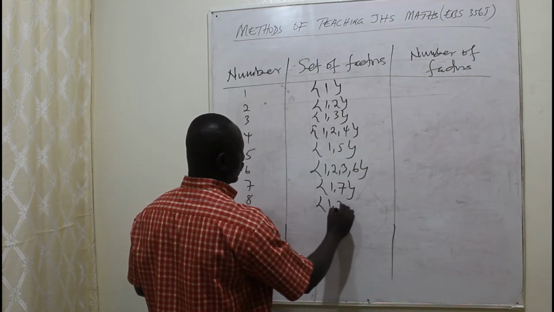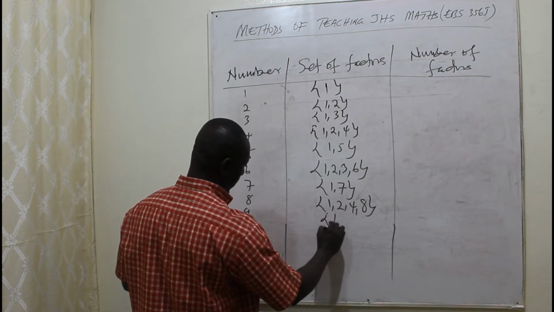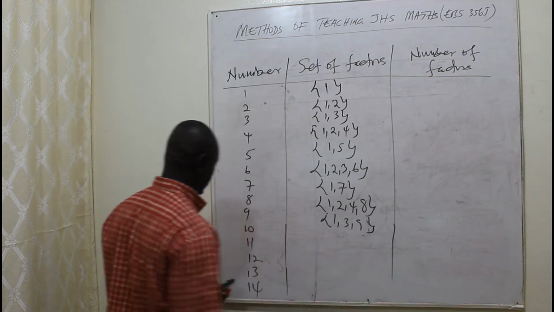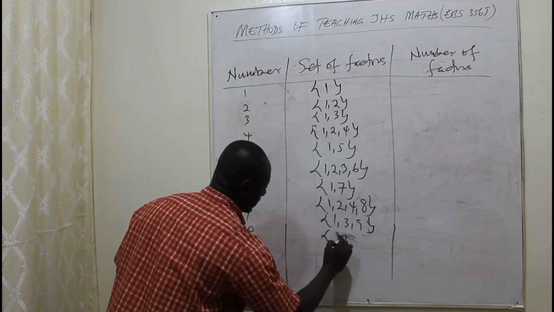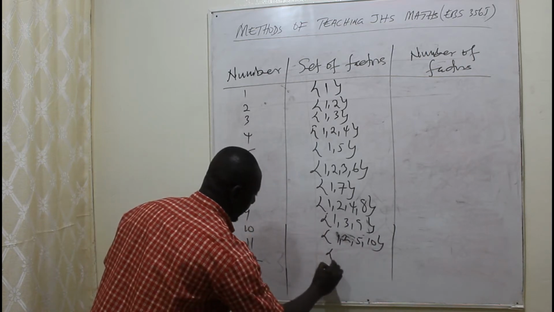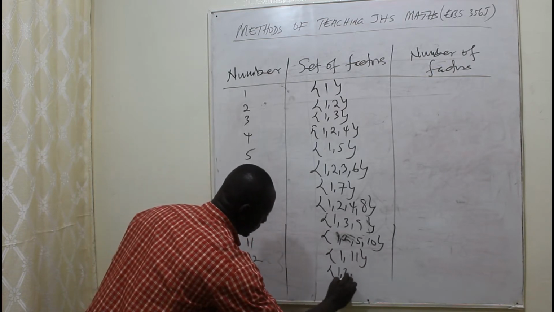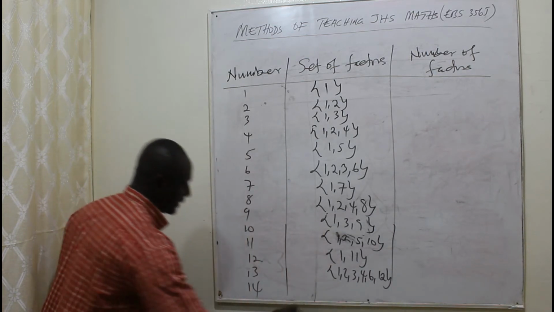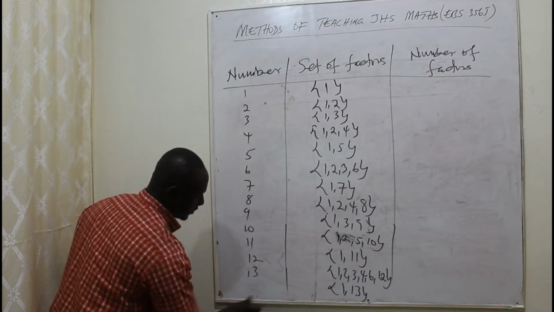For 8, I'll have 1, 2, 4, 8. For 9, I'll have 1, 3, 9. For 10, I'll have 1, 2, 5, 10. For 11, I have 1, 11. For 12, I have 1, 2, 3, 4, 6, 12. For 13, I'll have 1, 13. Let me forget about 14 because I cannot write it here.